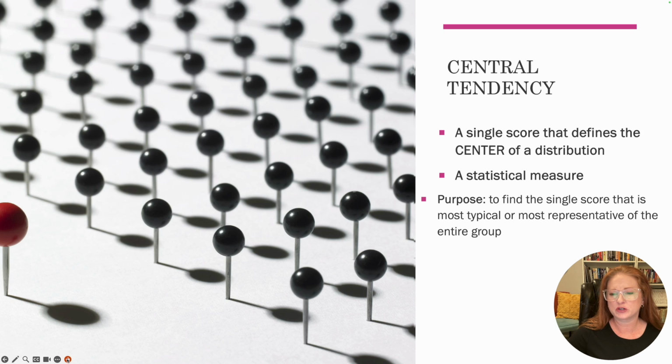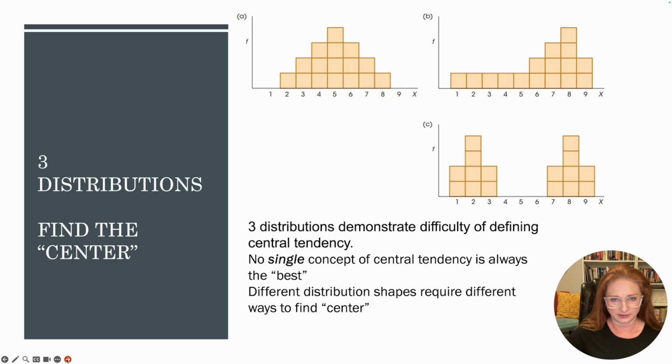Yes, it is a statistical measurement, and the purpose is to find the single score that's the most typical, most representative of your entire group, your entire population, or your entire sample that you did your study on.